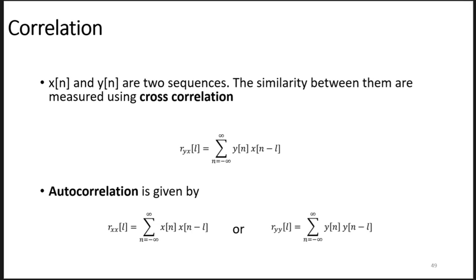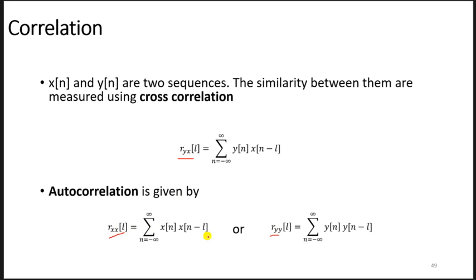And then untuk correlation, so there is another process called correlation pula. So kita correlation two sequences and the similarity between these two sequences are measured using cross correlation. So cross correlation bila kita nak bandingkan dua signal yang berbeza. Autocorrelation adalah bila kita nak bandingkan signal yang sama. So you have dekat sini cross correlation YX, yang ni XX ataupun YY.